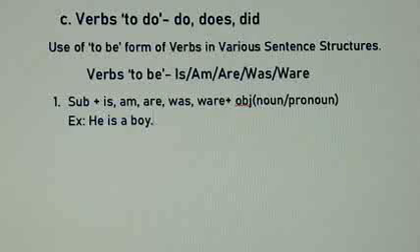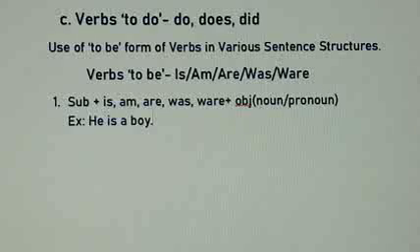In the place of an auxiliary verb, I have used is, and in the place of object, there is a noun, maybe a pronoun. So, boy is placed over here. Okay. And the word a is proving that the boy is singular. So, we have used a singular auxiliary verb for this. Here, he is a boy, right?